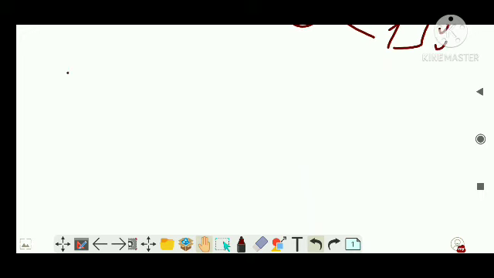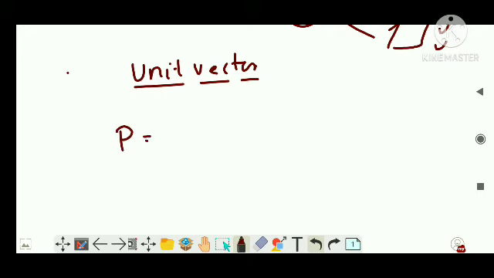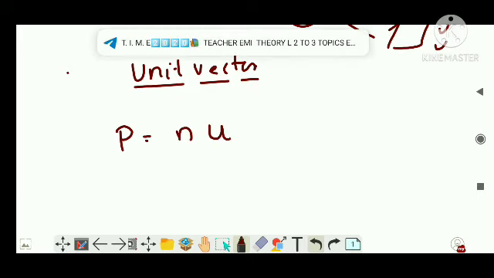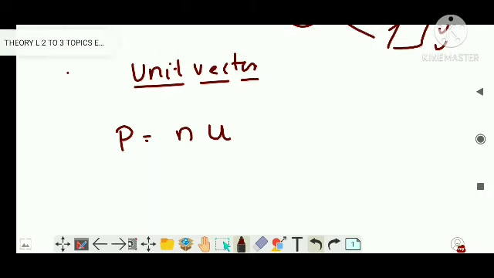So the topic which we are going to take today first is called unit vector. Very important, guys, and this is required throughout your 12th class. See, any physical quantity which you have learned in the first chapter is represented as n into u, where n is the numerical value of that quantity and u is the unit.